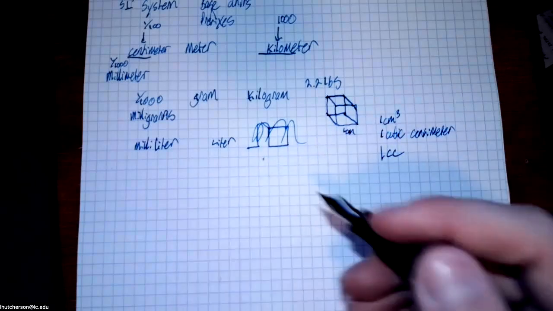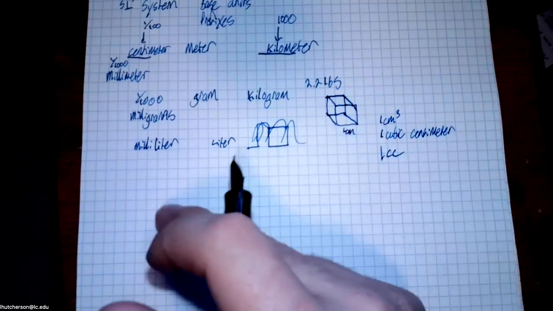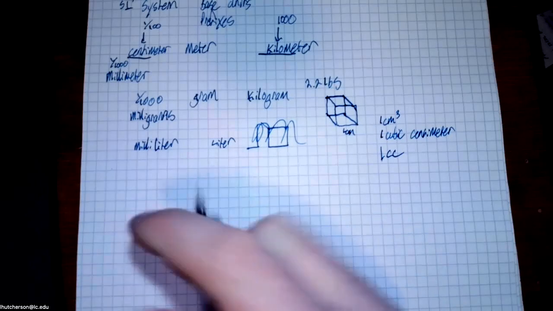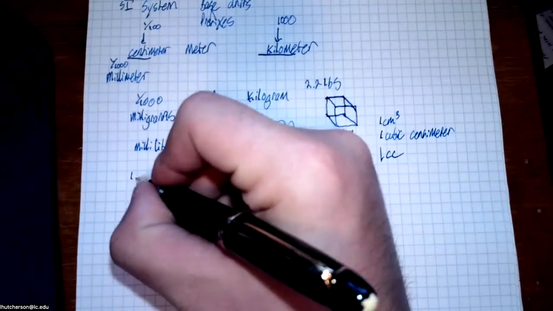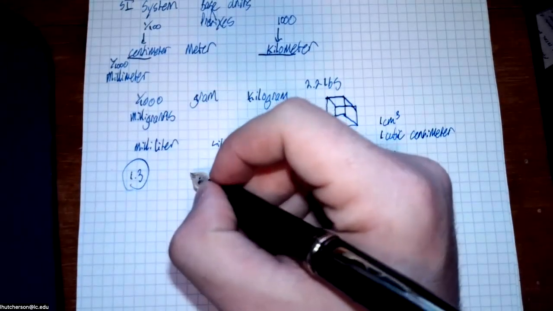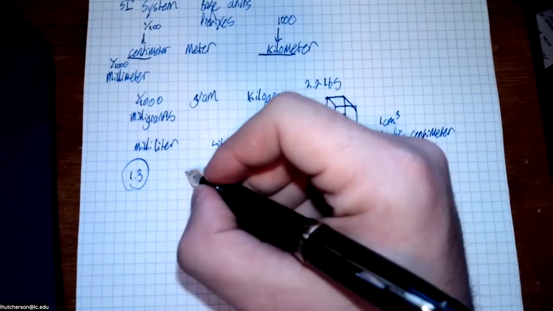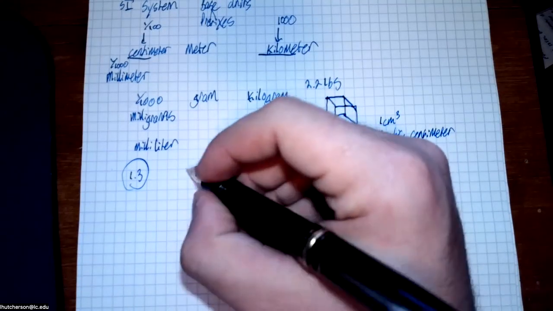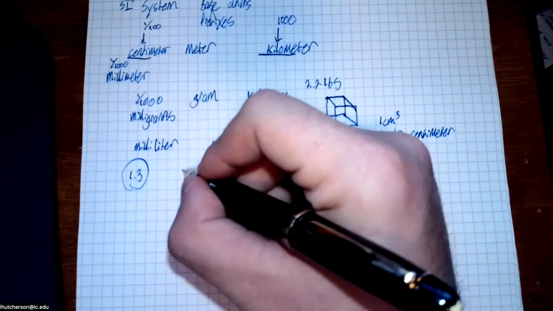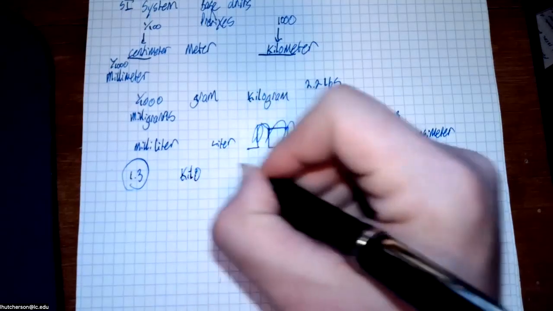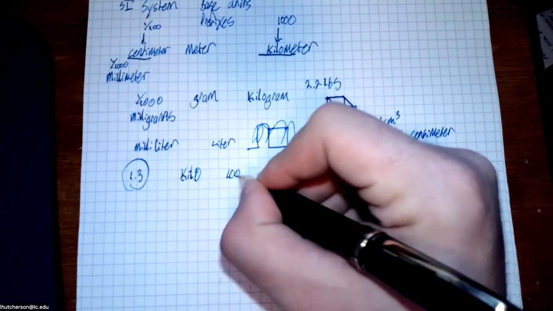All right, we've talked about prefixes. There are several of these that I want you to learn. They are listed on table 1.3 in your textbook. Real quick off the top of my head, though, I want you to learn kilo, which is 1,000.